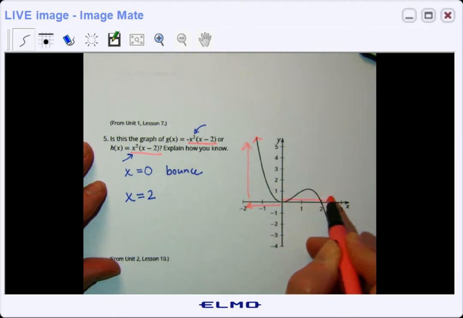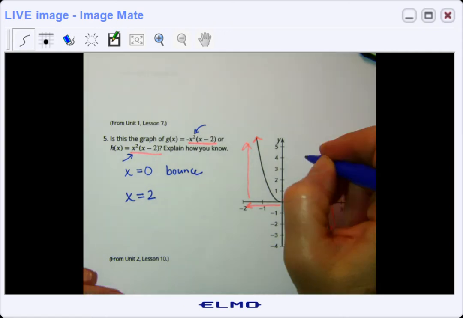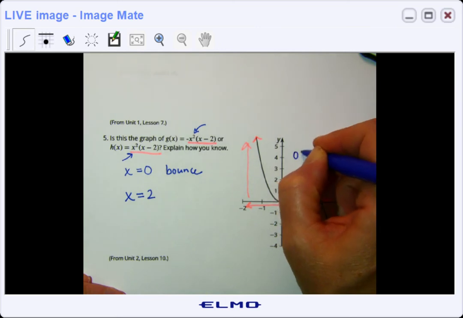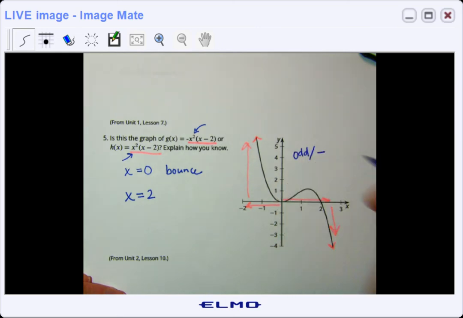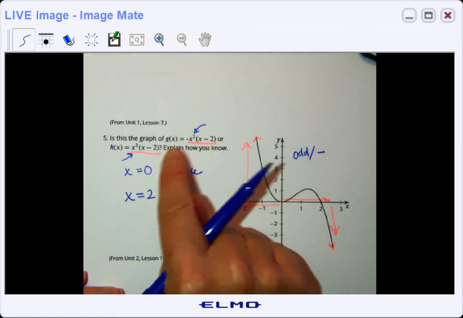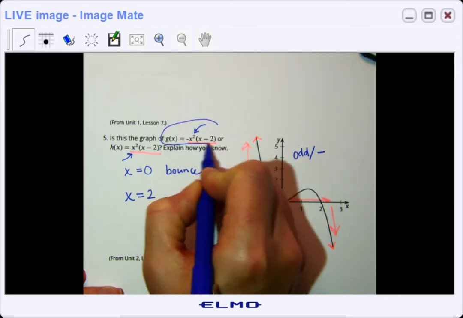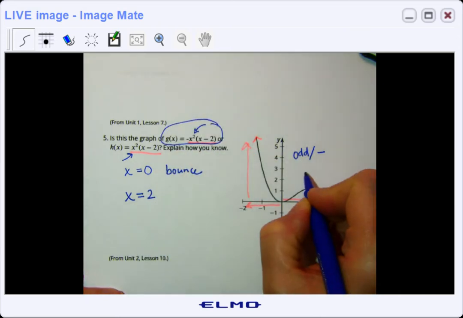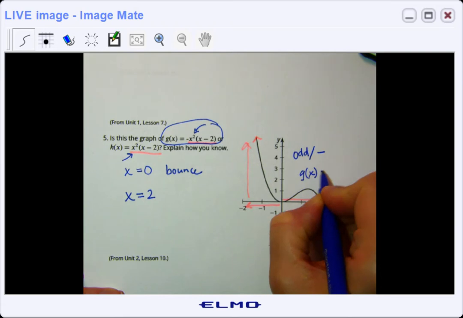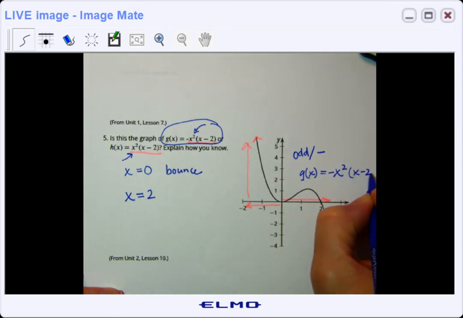And as x is getting larger in the positive direction, y is getting larger in the negative direction. So this is showing end behavior for an odd negative polynomial. These are both odd degrees, degrees of 3, but this is the one that is negative. So this is the graph g of x, which is negative x squared times x minus 2.